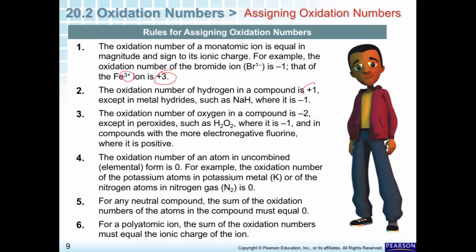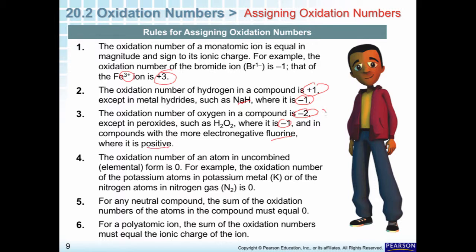Hydrogen is always +1, except in metal hydrides, which are usually mostly group 1, where hydrogen is -1. Oxygen is almost always -2, except in peroxides where it's -1, and in compounds with fluorine, because fluorine is more electronegative, and then oxygen will be positive.